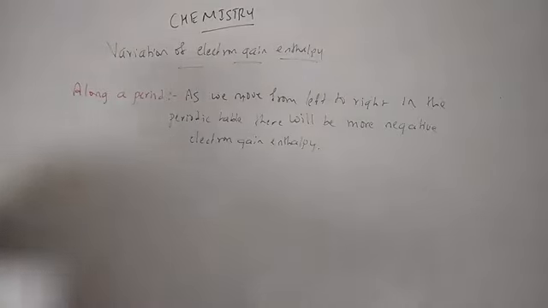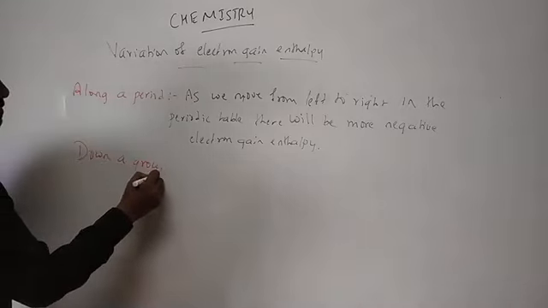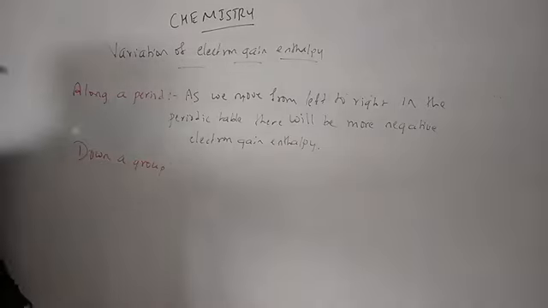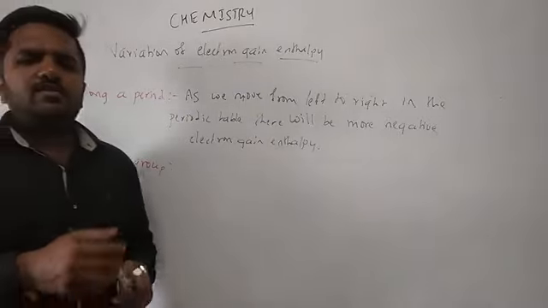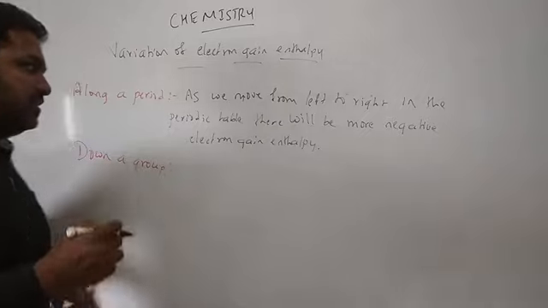And down the group, what happens? As we move from top to bottom, there will be less negative electron gain enthalpy.